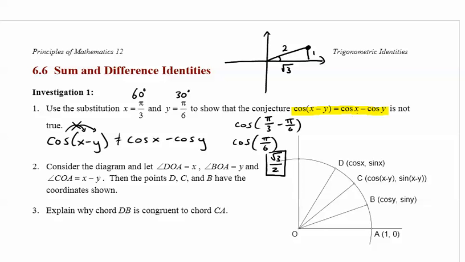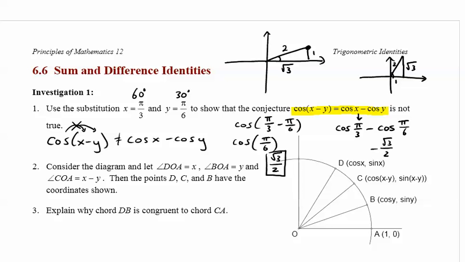Now on the other side of the equation, if I subtract cosine of pi over 3 minus cosine of pi over 6, well, I just calculated cosine of pi over 6. That one was root 3 over 2. What is cosine of pi over 3? For that one, I need another special triangle. So pi over 3 is 60 degrees. So that would make a 1, 2, root 3 triangle over here.